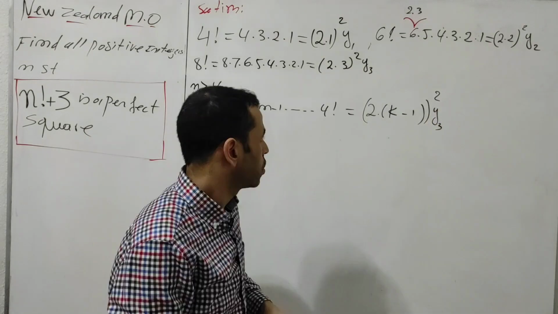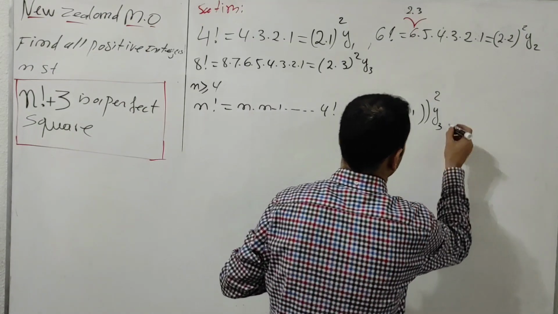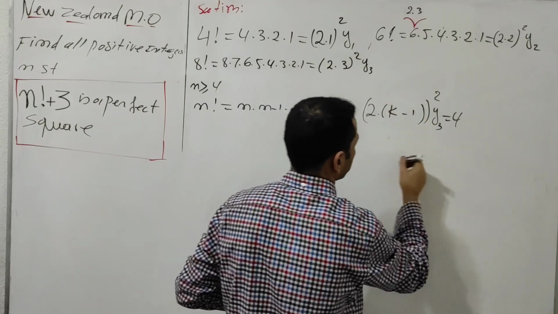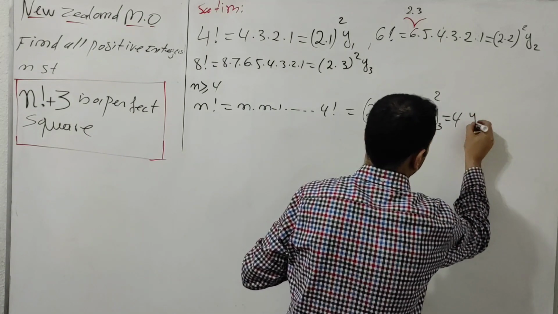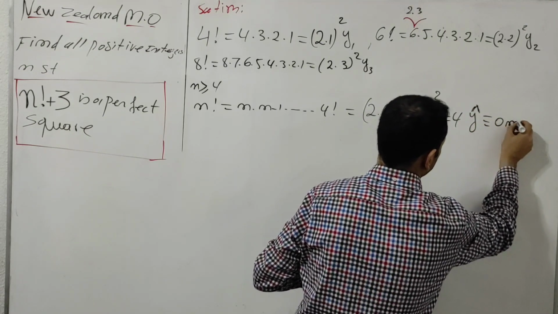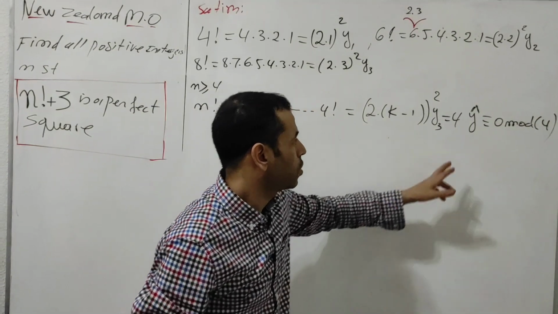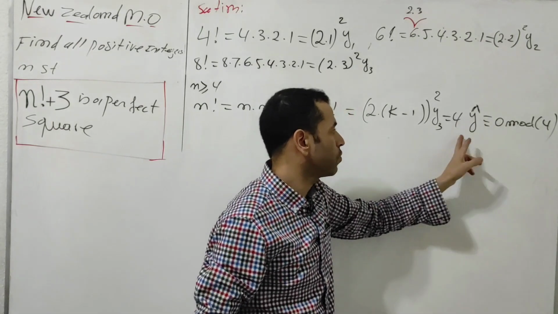I'm going to pull the number 2 outside, which gives us 4, that is 2 squared, multiplied by y3. This one is congruent to 0 mod 4, because 4 is a multiple of 2, so 4 divides it.